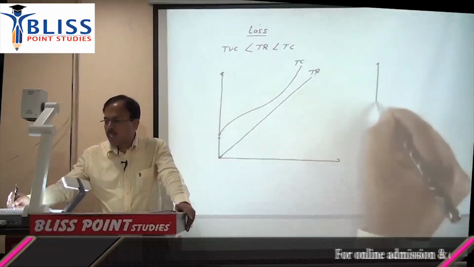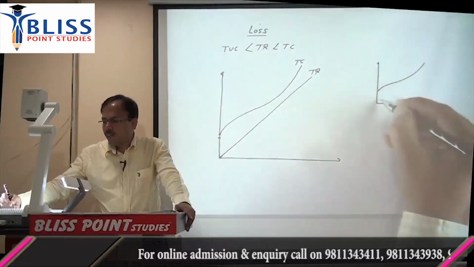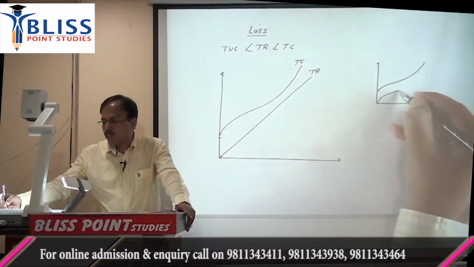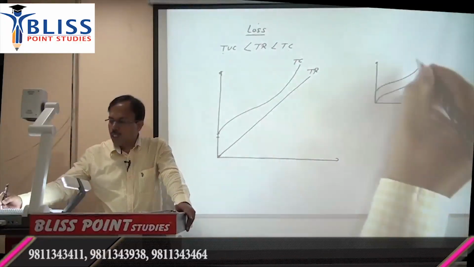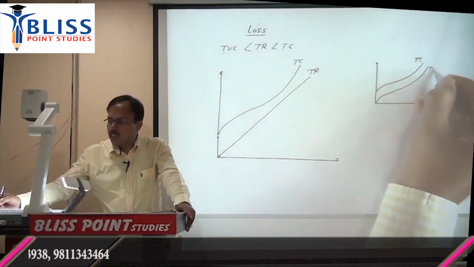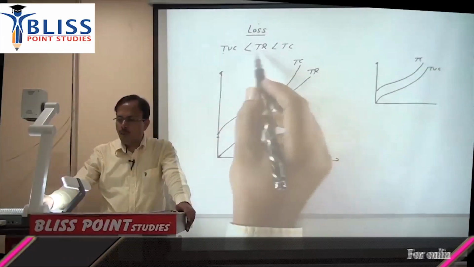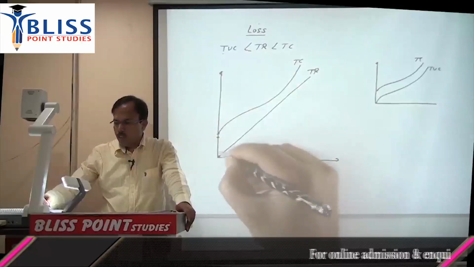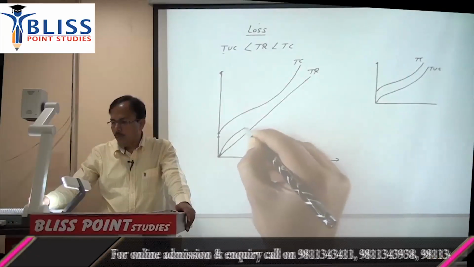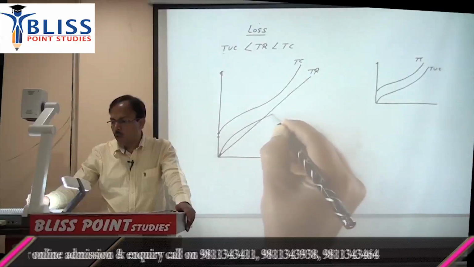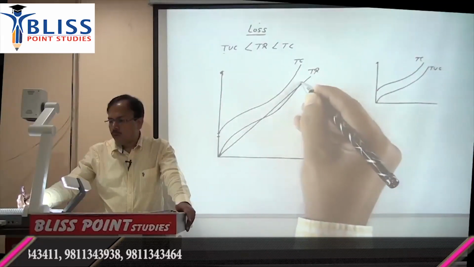अगर आप individually draw करते हो तो total cost is inverted S and variable cost will be just parallel to that, because the gap between these two will be fixed cost. So this is your total cost line and this is variable cost line, but variable cost must be lower than the total revenue. So start from this point and it has to be below and then parallel to that.